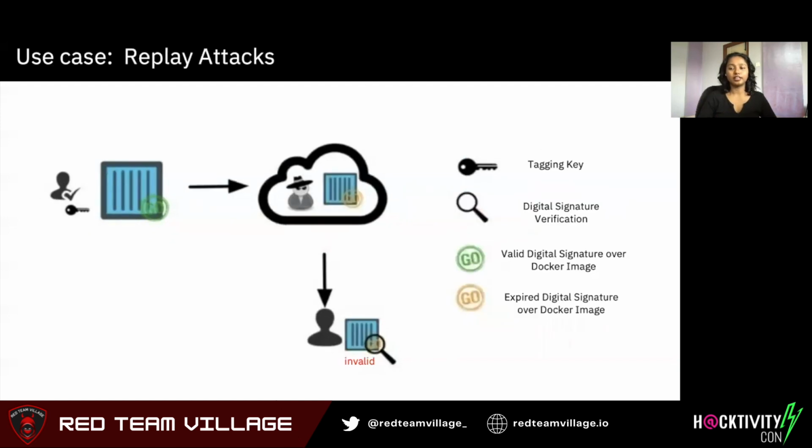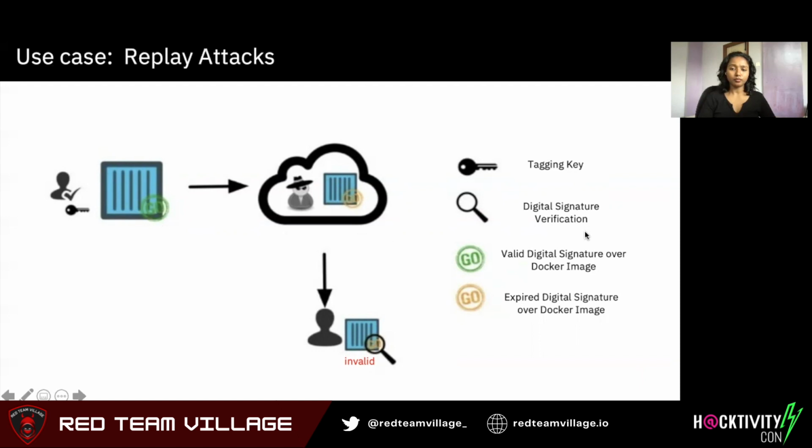And the second one is a replay attack. A replay attack is something where a criminal can eavesdrop on a network communication, and purposely delays and resends the same thing with something injected into it. So in this case, the publisher is going to publish the Docker image with a tagging key along with it, right?